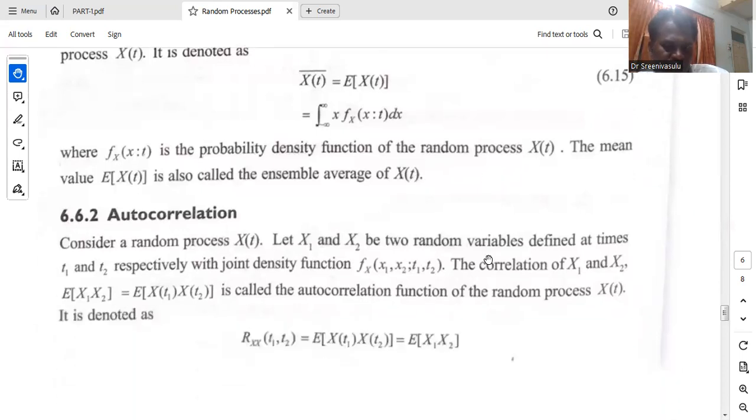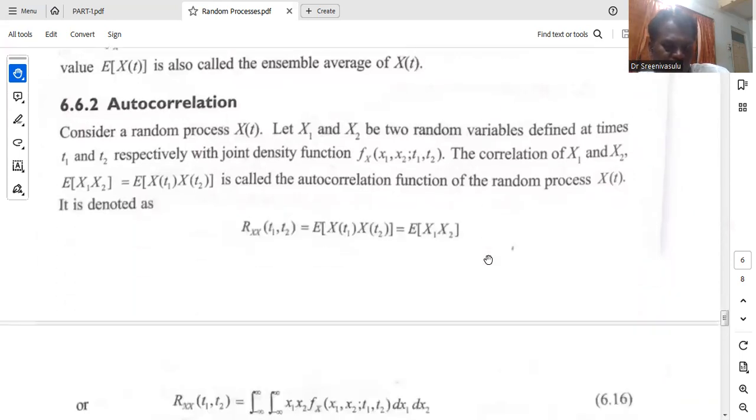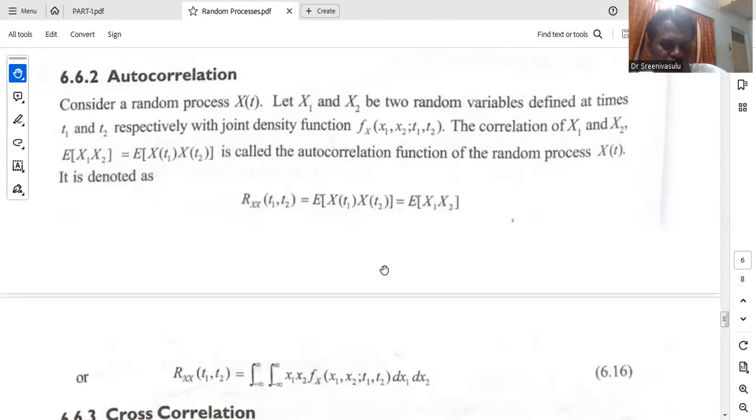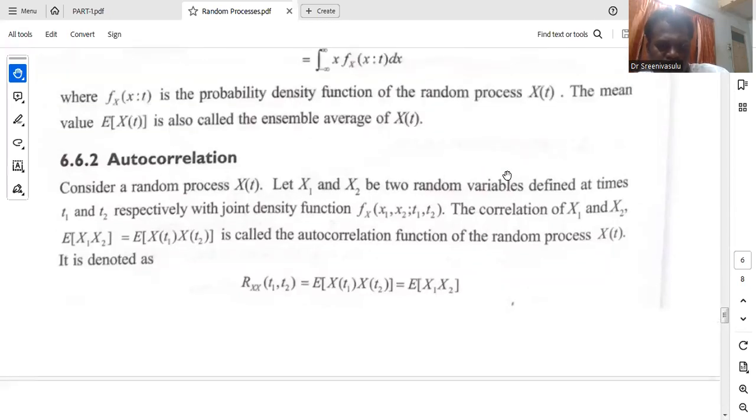Next one, about moments, coming to autocorrelation. In the autocorrelation, consider the random process x of t, and in that random process we are considering two random variables x1, x2 at times t1, t2.